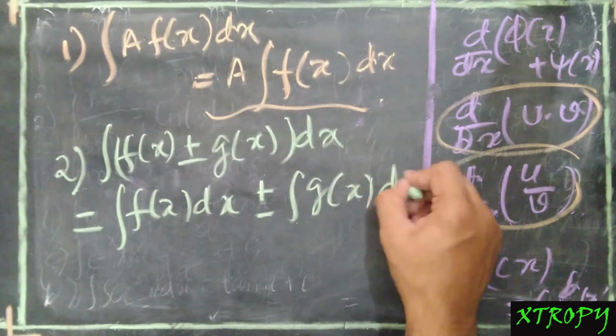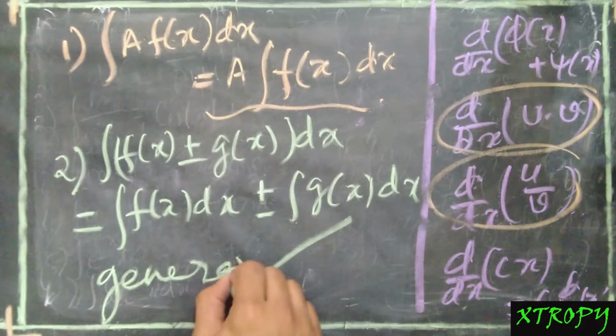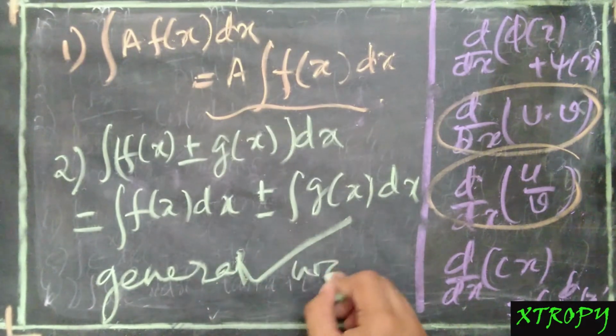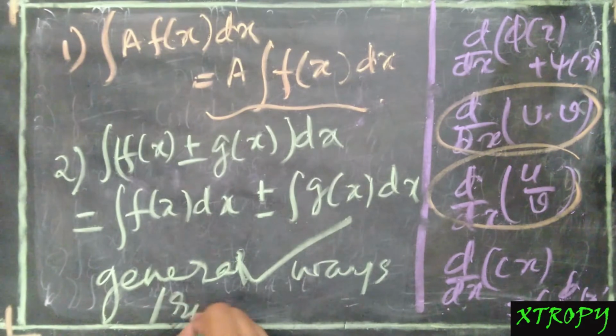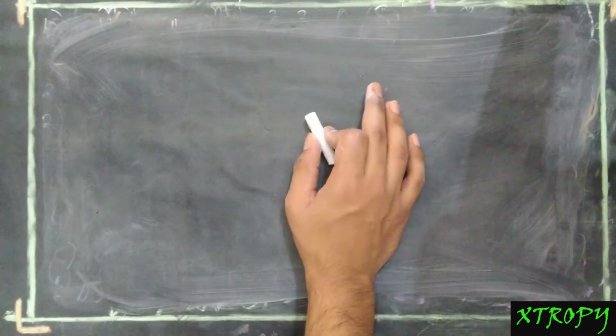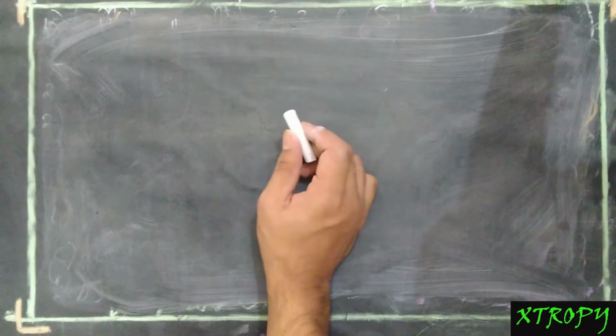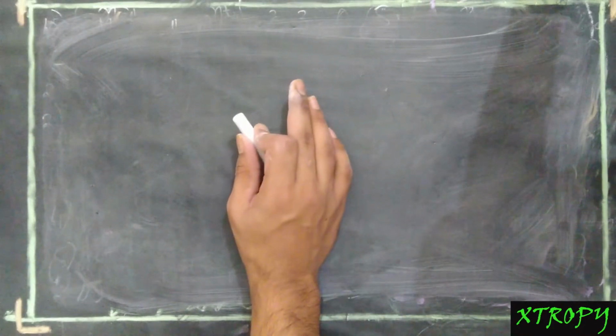So these are the general rules or general ways of integration. Now we've got the prerequisites, the list of formulas, the general rules of integration, and what integration is, the antiderivative, etc. So now let's begin with the part you were all waiting for.